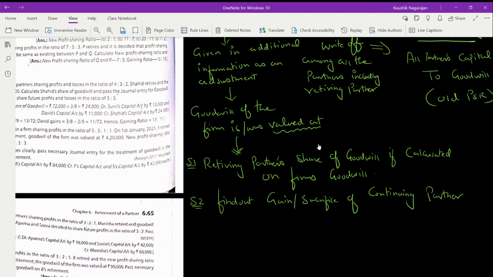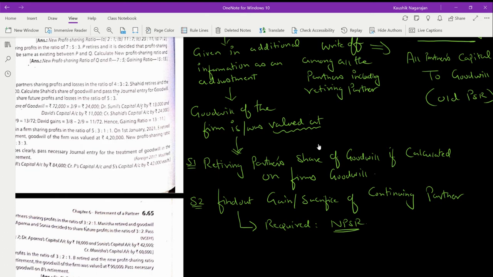And for this, the most important and required data is your NPSR. Without NPSR, the gain or sacrifice can't be found out.